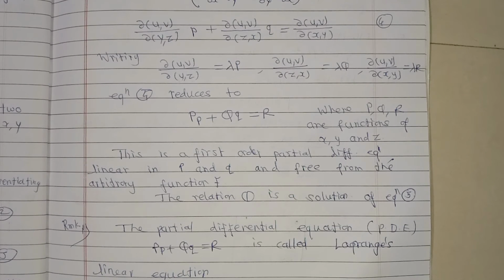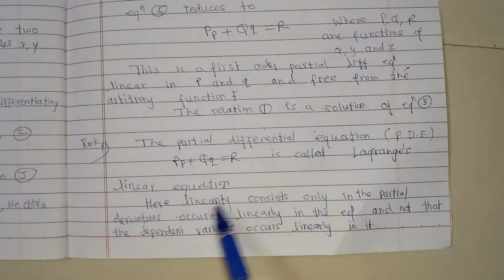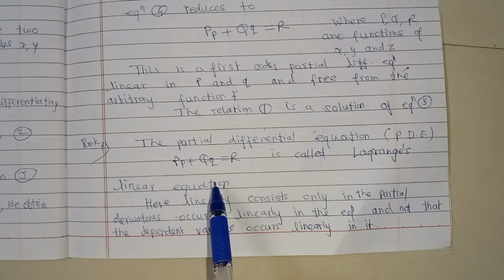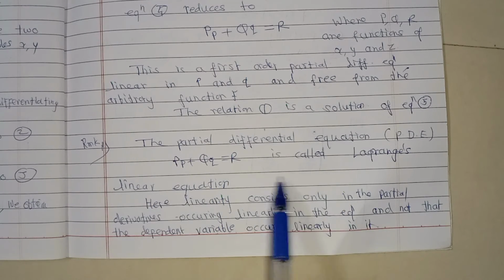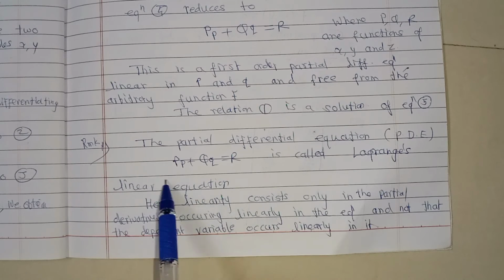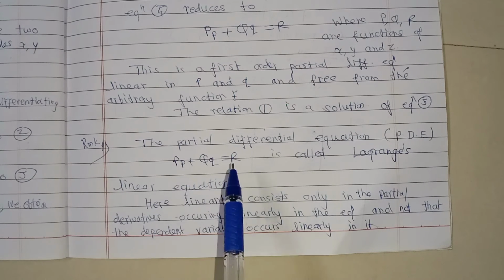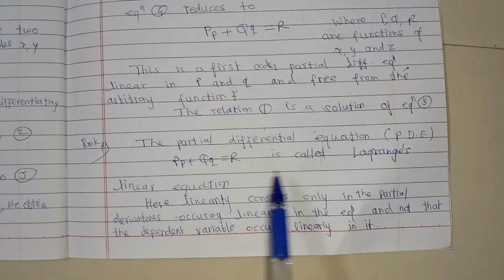Now we consider one remark. The partial differential equation Pp + Qq = R is called Lagrange's linear equation. One can ask for objective: Lagrange's linear equation is dash dash, that is, Pp + Qq = R. This equation is known as dash dash, that is, Lagrange's linear equation.